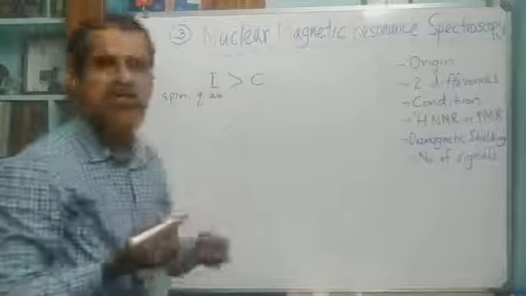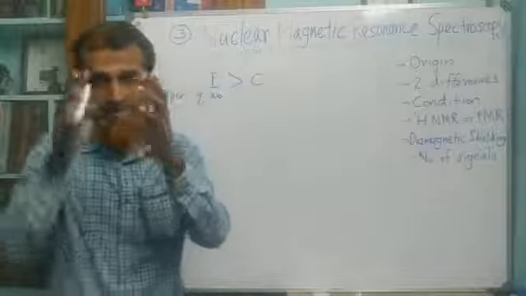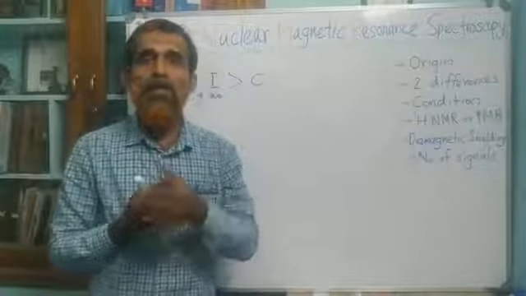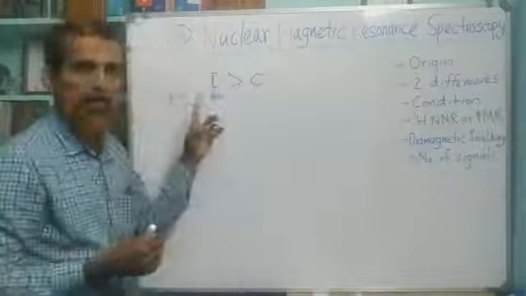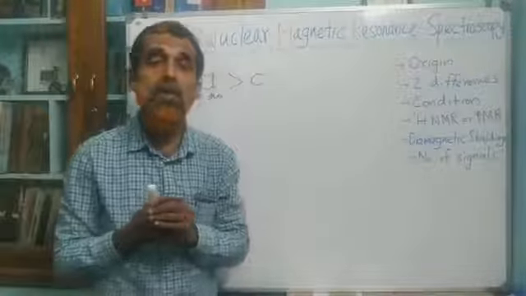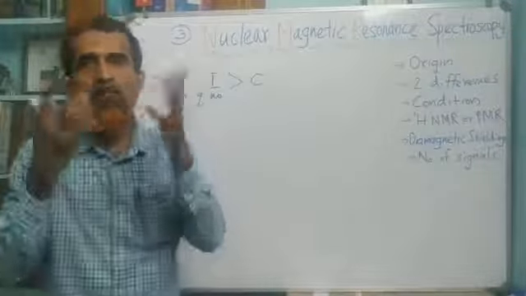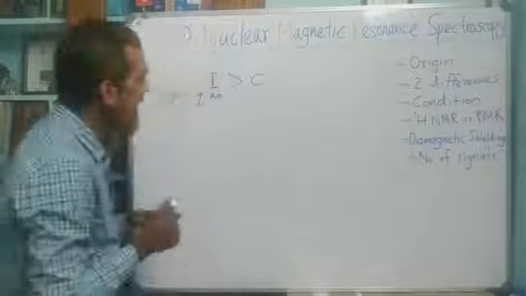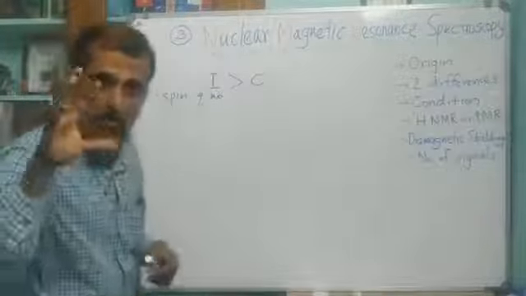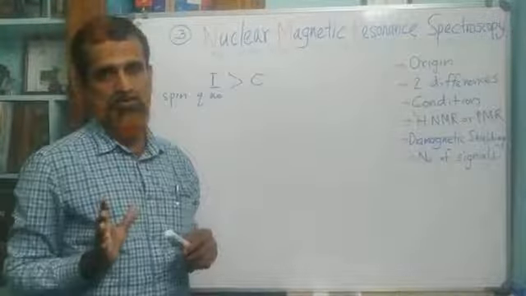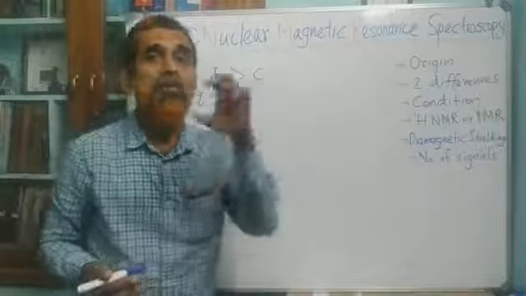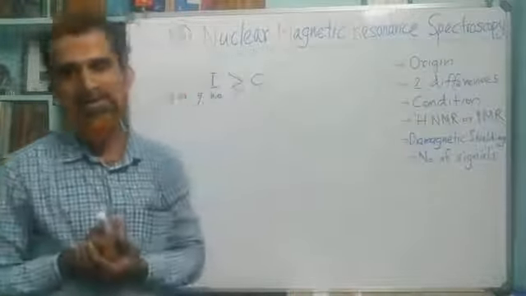In a nucleus, there are protons and neutrons, which are all spinning. The resultant magnetic moment depends on the alignment of these nucleons, whether clockwise or anti-clockwise. However, for a nucleus to be NMR active, its I should be more than 0. That means it should have a resultant magnetic moment.